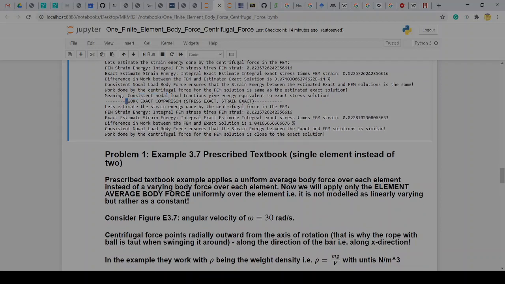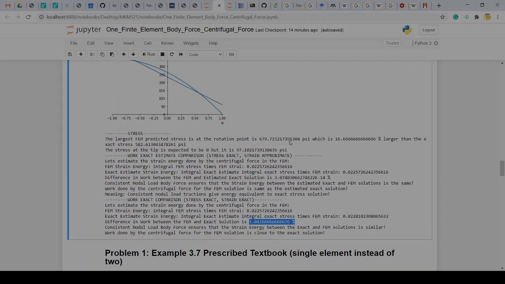When I look at the comparison for the exact stress and exact strain solution, I'm seeing a 1% difference, still very close, even to the exact strain energy of the exact solution. So with consistent node loads, the strains we put into the structure are very relatable to the expected solid mechanics solution. That is what we learned from this.